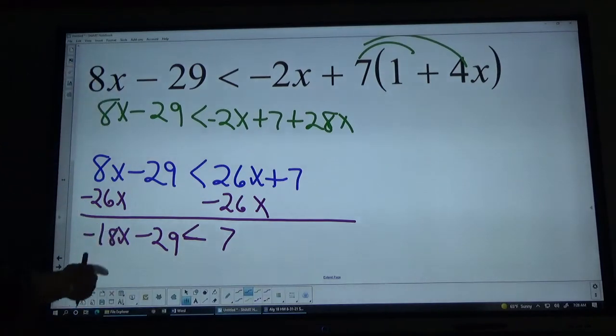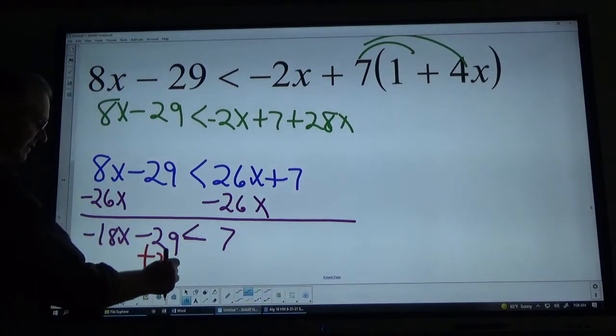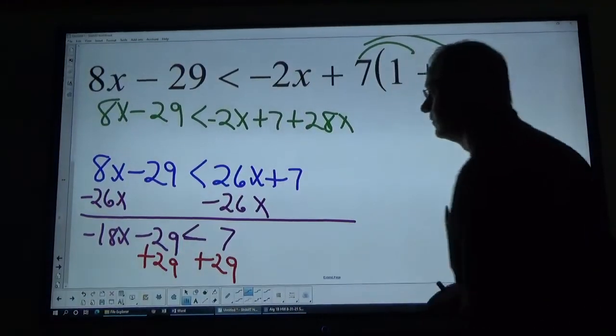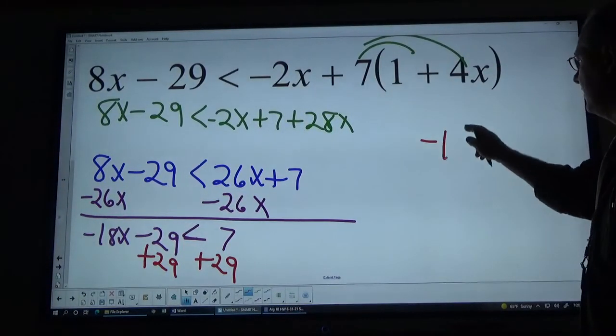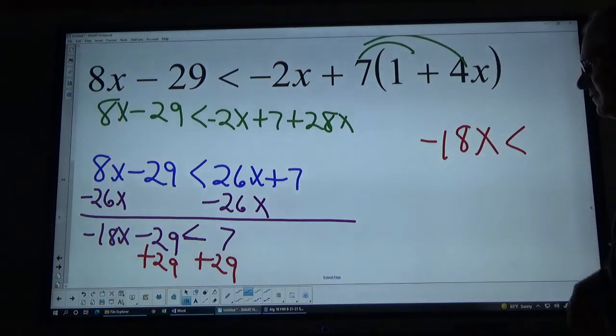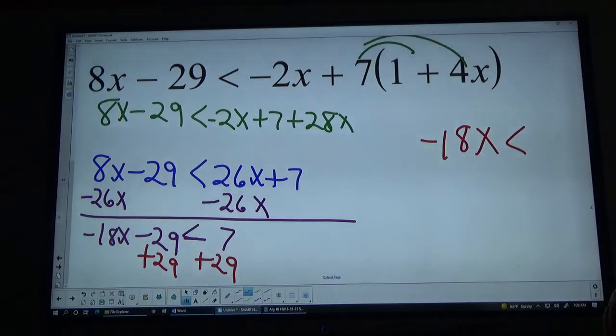I have to get rid of the negative 29. I'm going to add 29 to both sides. Negative 18x is less than, let's see, 36.